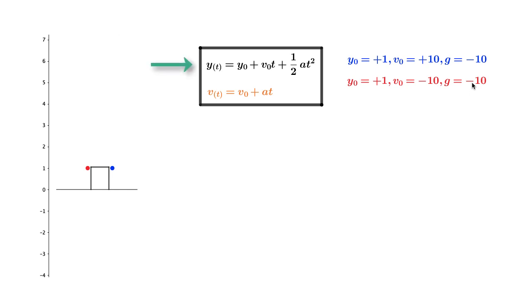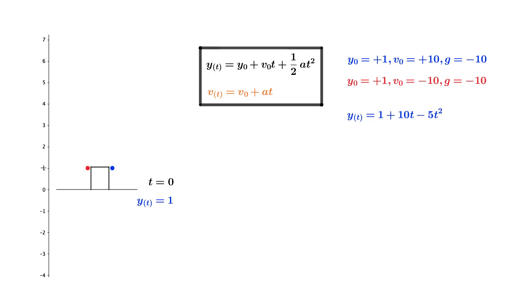So we have y(t), the position in time, equals 1 for the initial position, plus 10 times t, v naught times t, minus 5 times t squared, where minus 5 comes from 1/2 times minus 10. We can also add next to our animation the moment when t equals 0 and the initial position, which is 1 meter above the ground. And then of course, as we let t run, as we let the numbers of t change, we should see the position change as well.